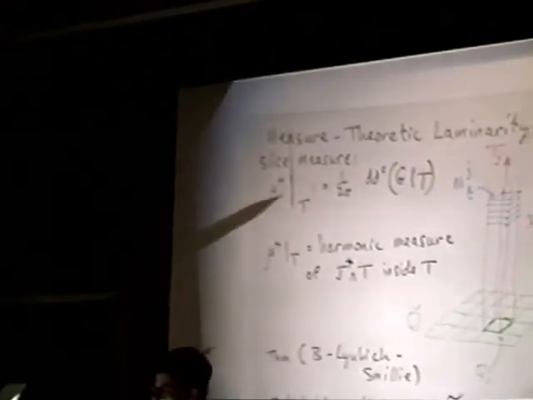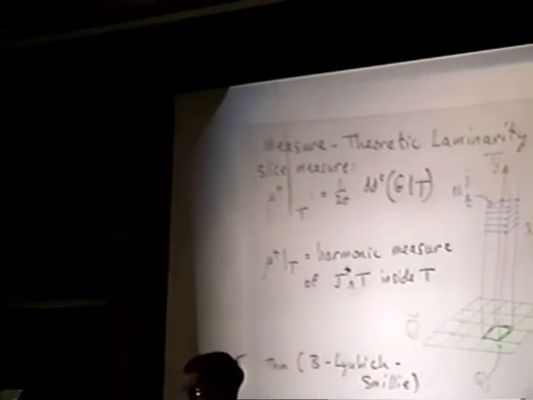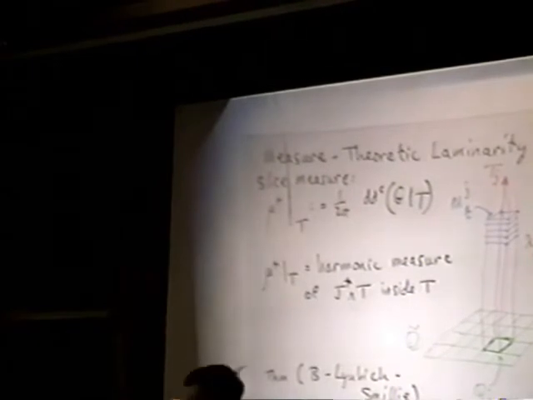You can take this current and slice it by any complex transversal, any complex manifold, and you get some slice measures. So we're in the situation where we sort of stumbled in. We were given a plurisubharmonic function. We took dd^c of it. We get some nice positive closed current.